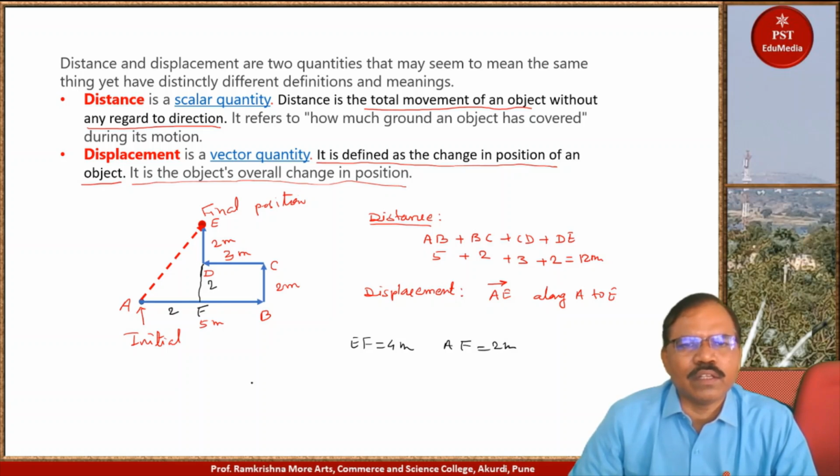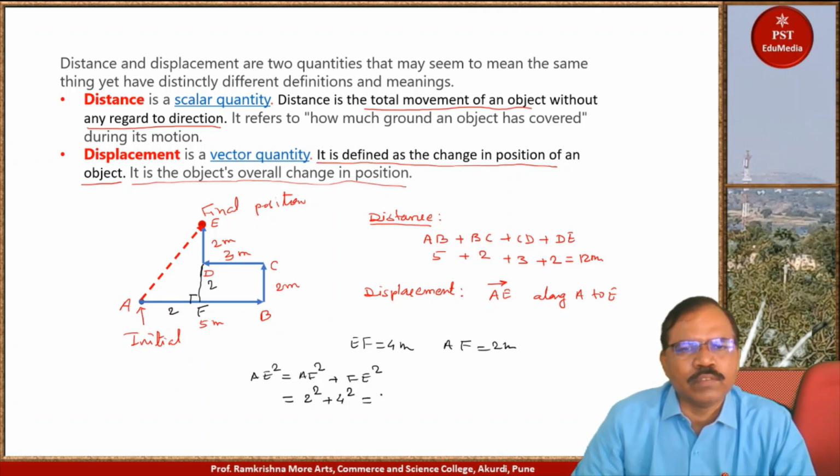Now this is a right angle triangle. So we get AE square is equal to AF square plus FE square. Means AE square is equal to 2 square plus 4 square. 2 square is 4 plus 16, that is 20.